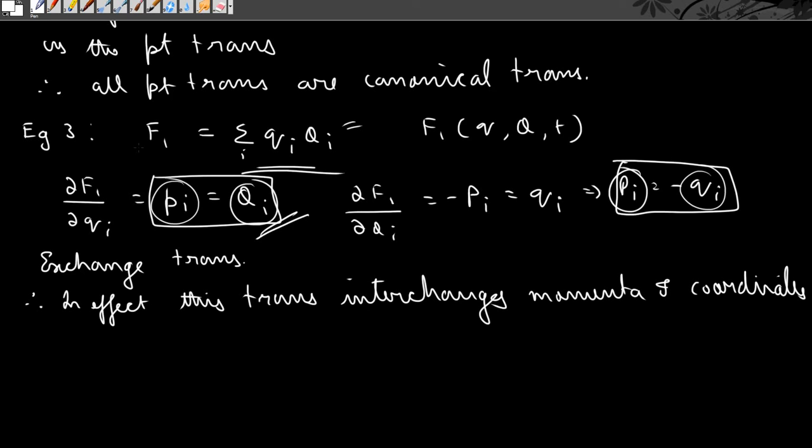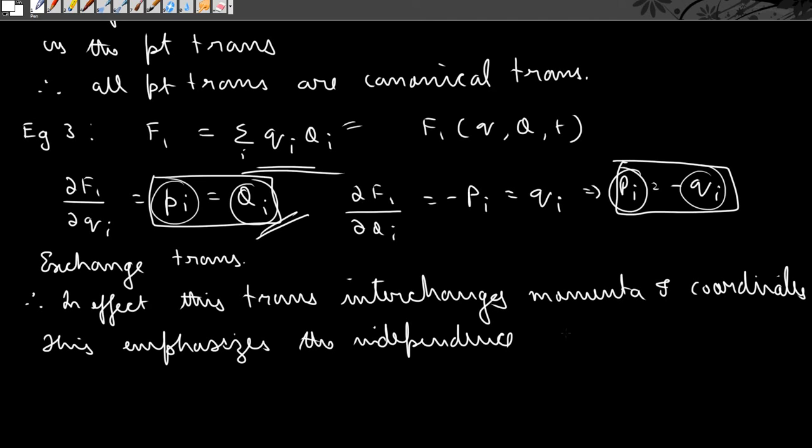It is just a name that we give them, but this particular canonical transformation, the exchange transformation, shows us that we can even consider our coordinates as momenta and momenta as coordinates. Therefore there is no difference between them. Okay, they are just independent variables. So this emphasizes the independence of coordinates and momenta.